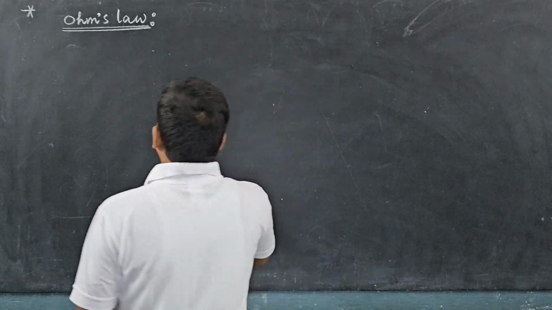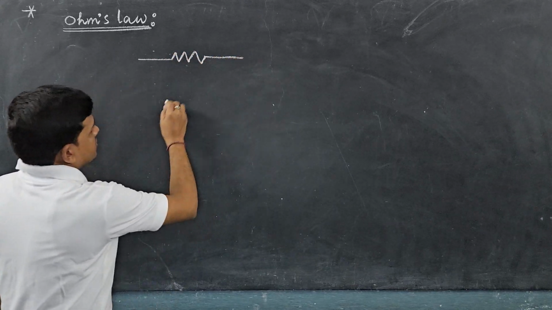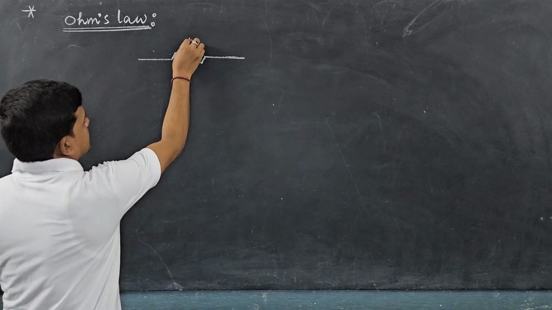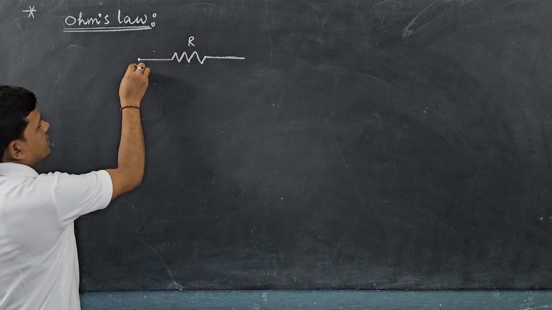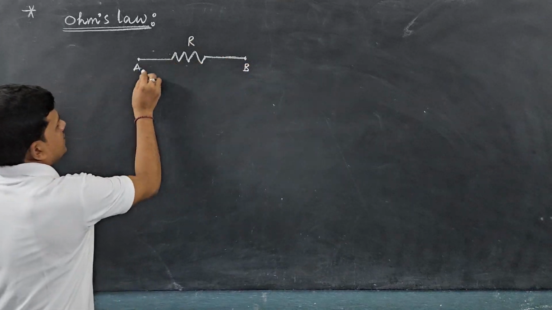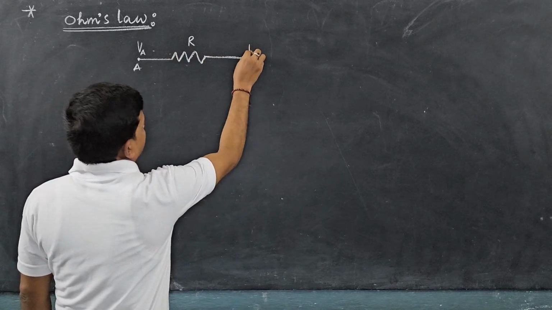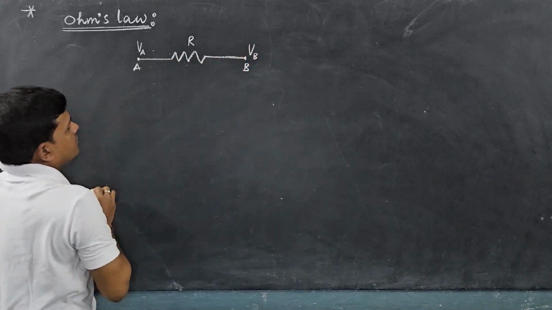Let us consider a resistance or external resistance, the conductor AB. The potential at A is VA, and at B it is VB.